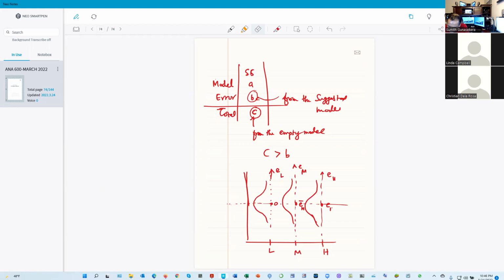The error mean of the high group is 0. The error mean of the low group is 0. This is the 0 line. Now on the other hand, this spread, that's the mean. This spread, are they the same? That's the question we have. That's a very serious question.